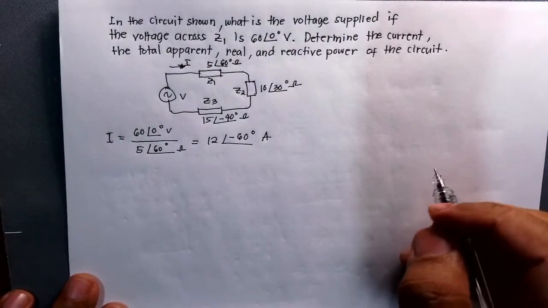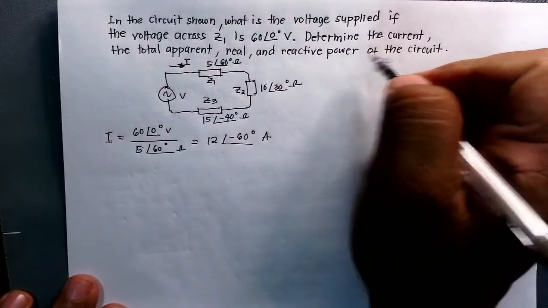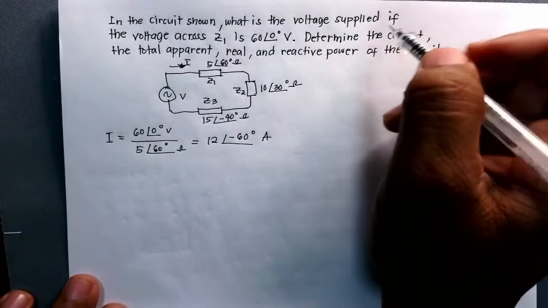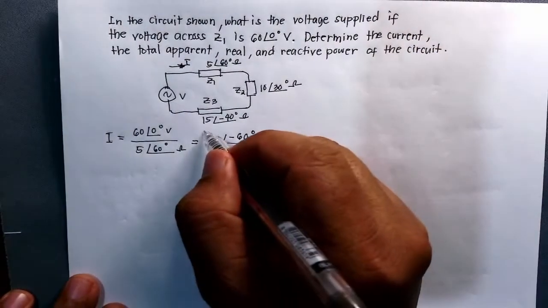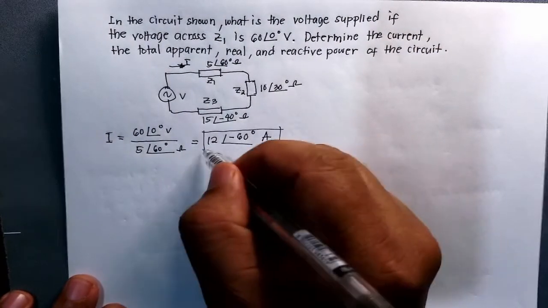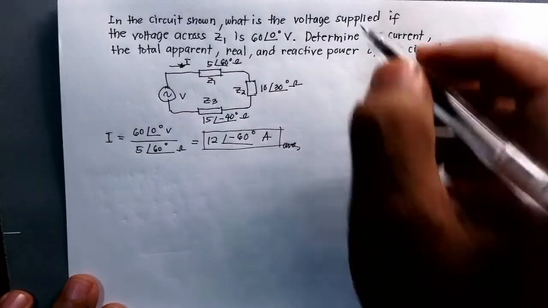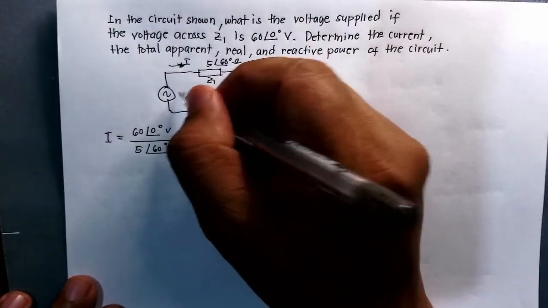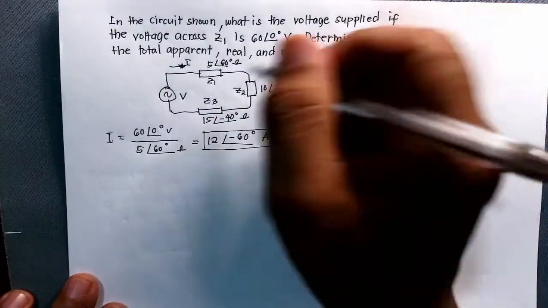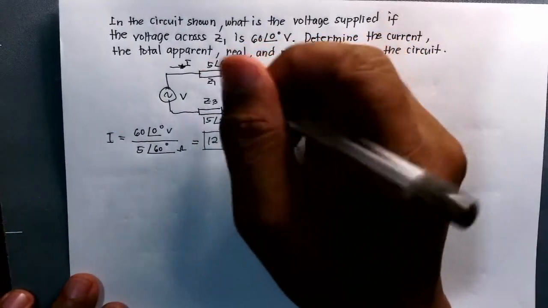Now, to be able for us to determine the voltage, we already got the current, so I'll place it in a box. And for the voltage supplied, we are going to determine the total voltage. So we have to add the impedances.